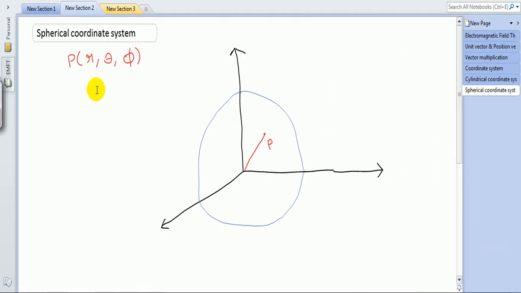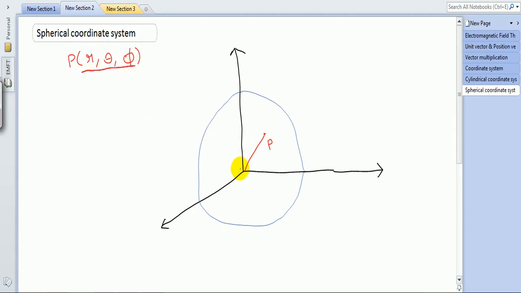Now we will study the spherical coordinate system. In the spherical coordinate system also there are three parameters r, theta, and phi. Suppose I am taking this point P having coordinates r, theta, and phi.